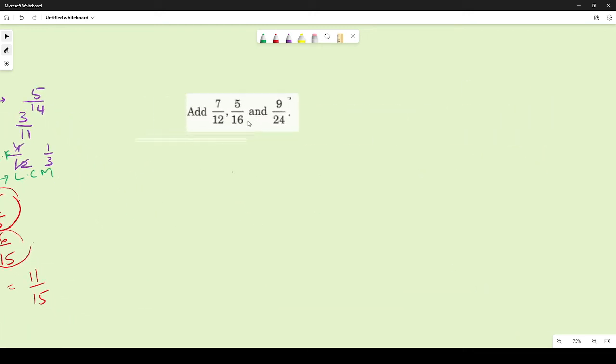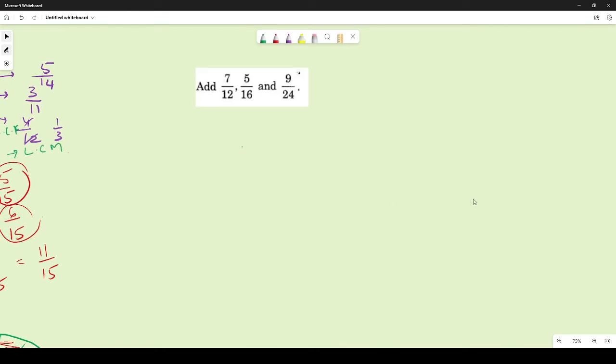Now let us do this. This is an addition which is unlike fractions. So what we do first is we take out the LCM for 12, 16 and 24. So 2, 6, 8, 12. Again 2, 3, 4, 6.